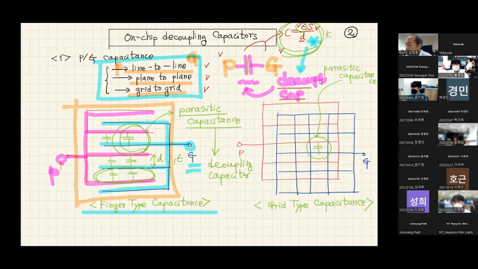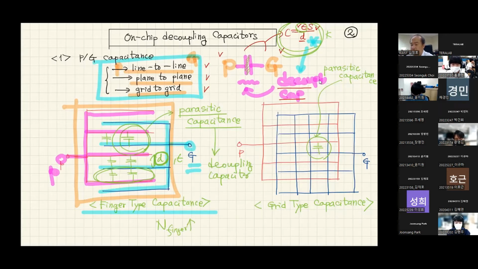Decreasing the distance between the power and ground fingers means that the number of fingers should be increased. And that means more and more of your chip area will be covered by this power and ground metal. But later I'm going to come back to this issue again.